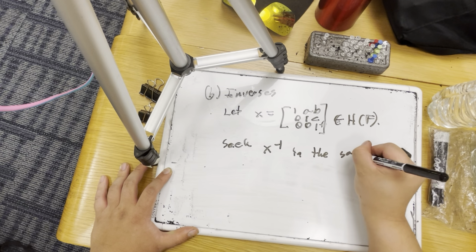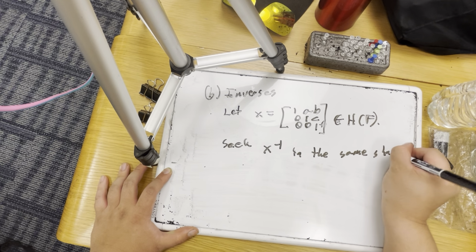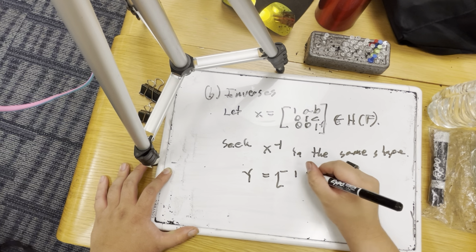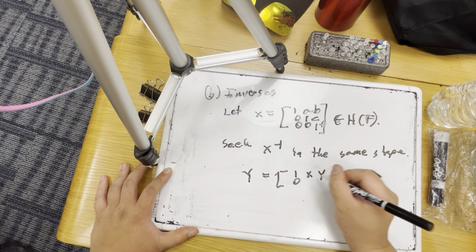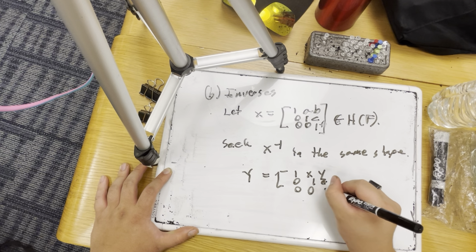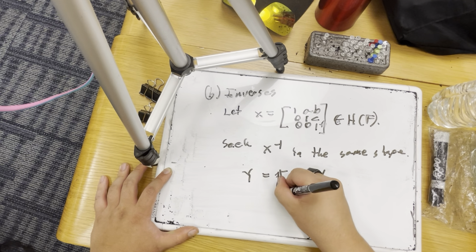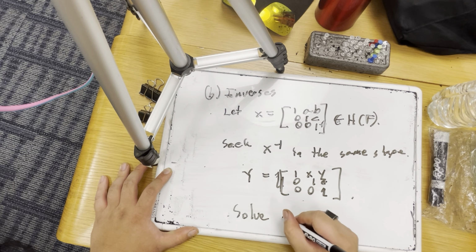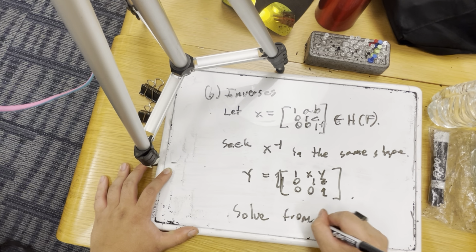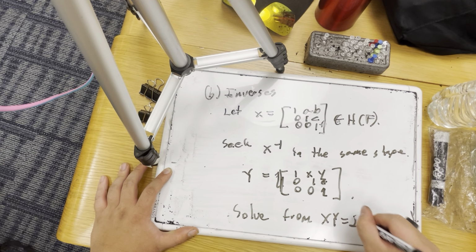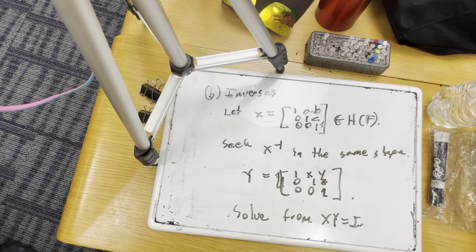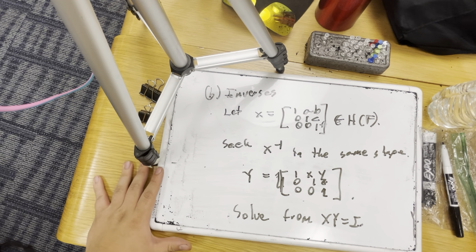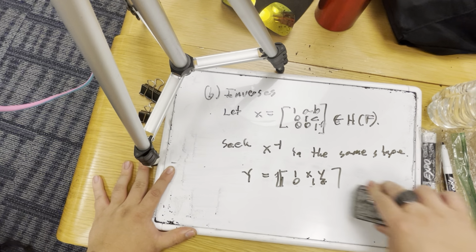And we do this in the same general way that we did before, right? Which is to multiply some Y, which in this case 1, X, Y, 0, 1, Z, 0, 0, 1 is what we'll have for that. And we want to solve XY equal to the identity matrix, right? So we do it in the same way in which we did the previous one with a few extra steps because it's 3 by 3 and not 2 by 2.